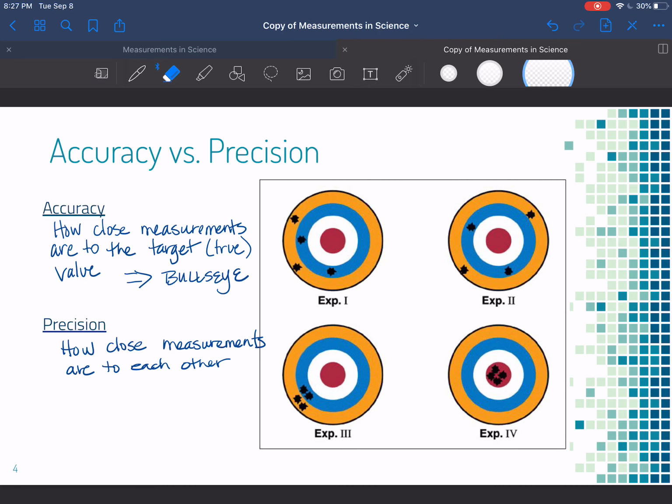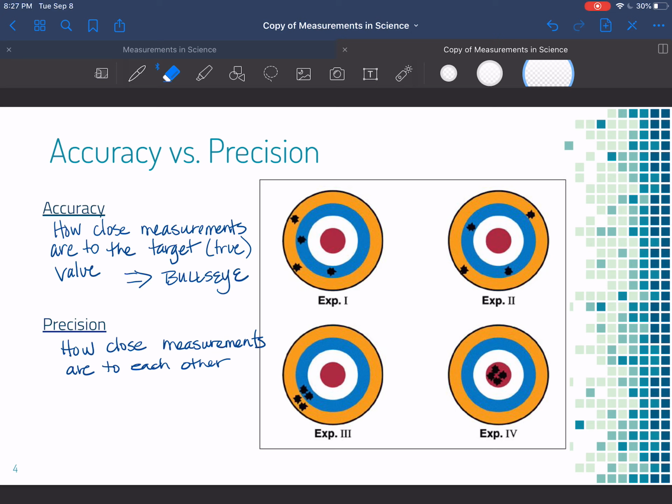That's accuracy. If we talk about precision, we're not even considering the actual value. We're considering how close the measurements are to each other. So in our dart example, if we're looking for precision, we don't care about the target. We want to know how close our individual darts are to each other.